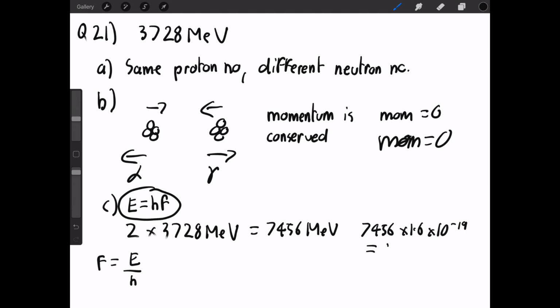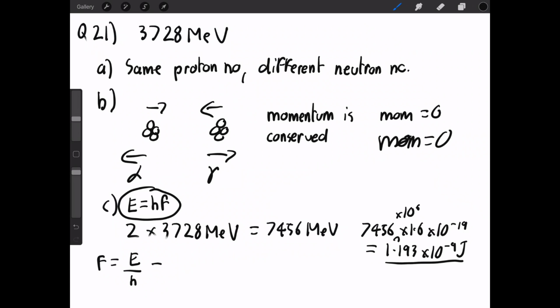Don't forget that, it should be times 10 to the 6 because it's mega. That's going to give us 1.193 times 10 to the power minus 9 joules. You should be getting a small number for this. Remember, a joule is quite a big lump of energy for a particle. It's small for us, but it's a massive chunk for a particle, so that seems to be about right.